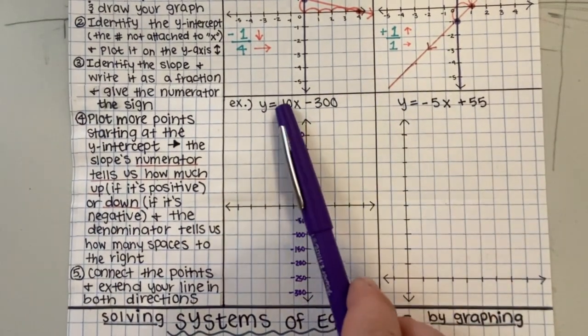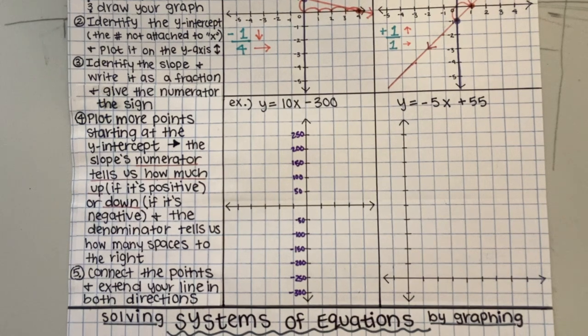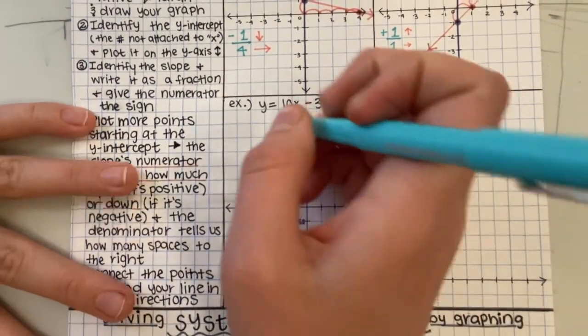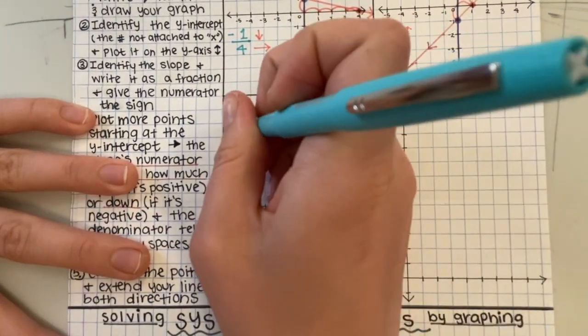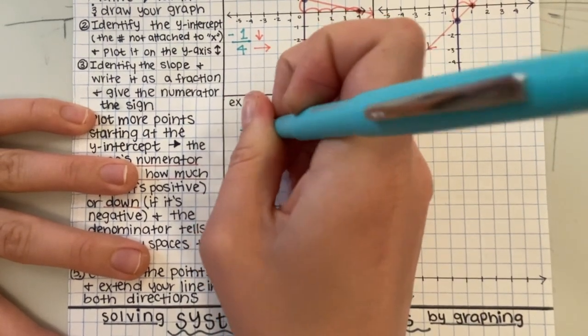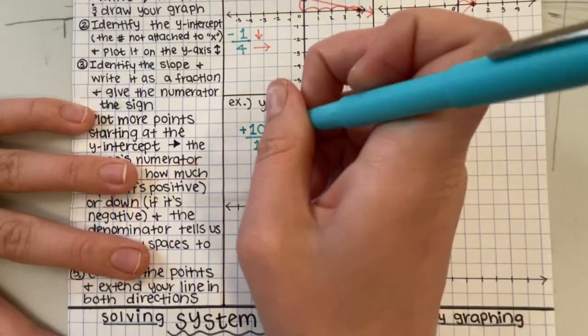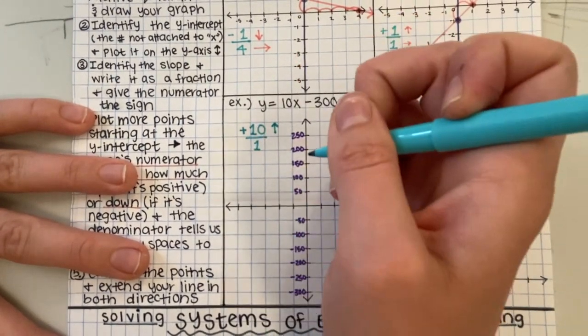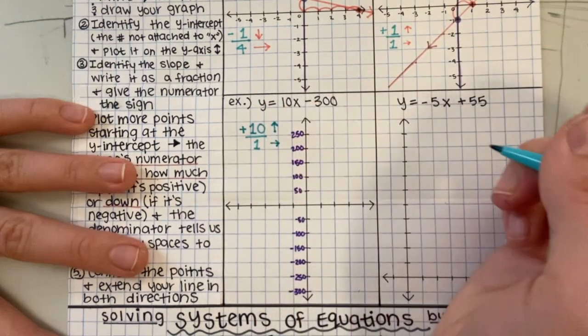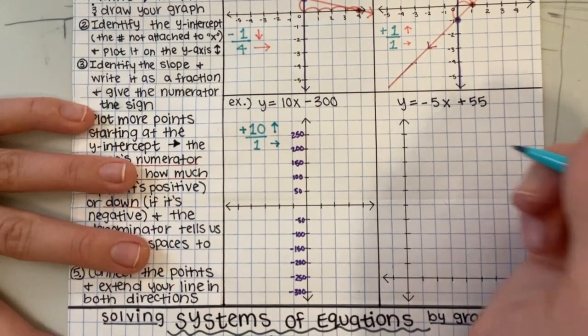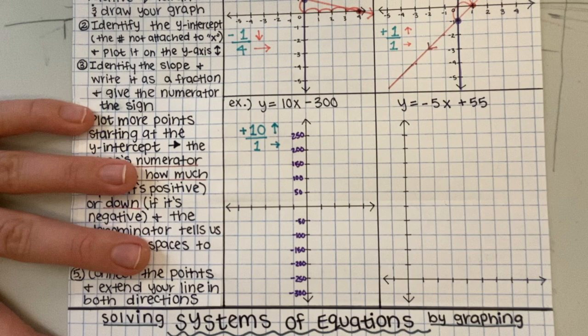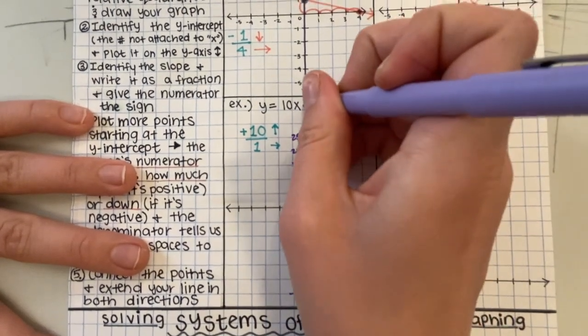So if my slope is 10, that means my slope is positive 10 over 1, which means I'm going up 10 for every 1 right. And I know that my y-intercept, we said, was negative 300.